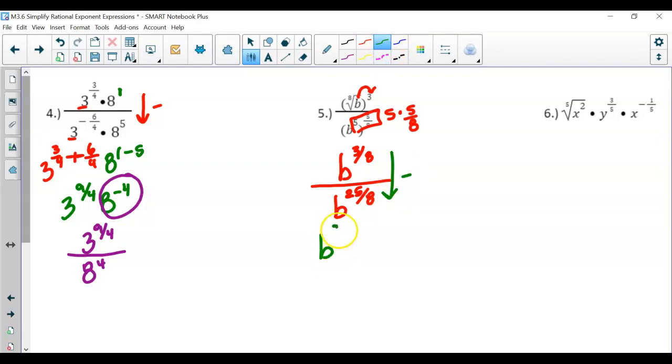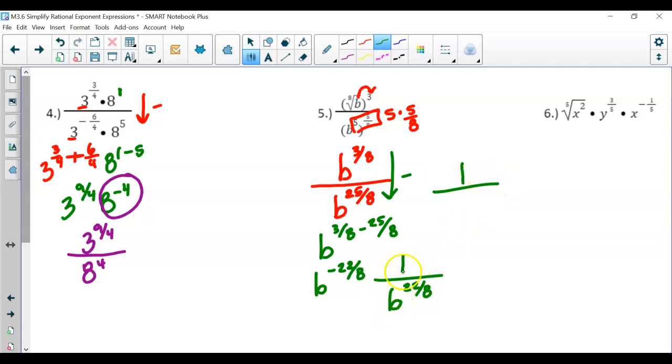So that is b to the 3/8 minus 25 eighths, which gives you b to the negative 22 eighths, which, again, negative exponent, rewrite. So that is b to the 22 over 8. Now, for those who practice rewriting, that is 1 over b to the 22nd power, so b to the 22nd inside of your index, your radical 8.